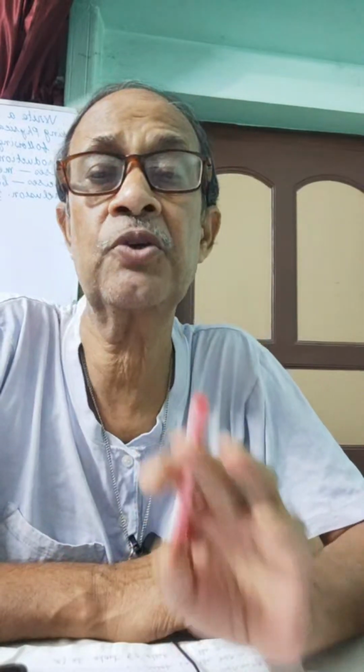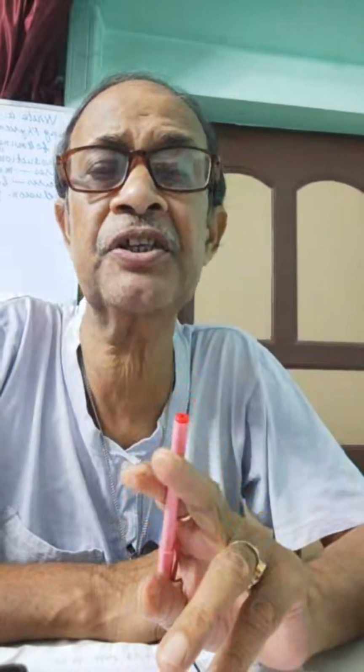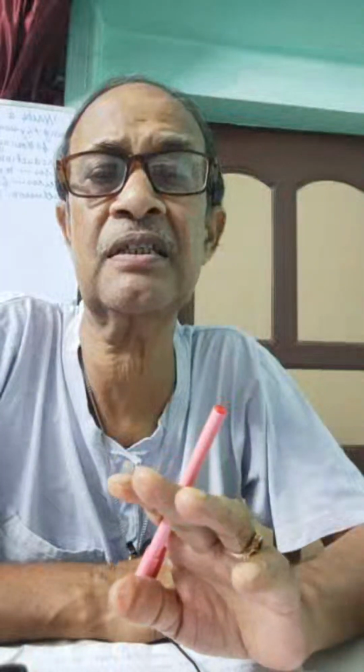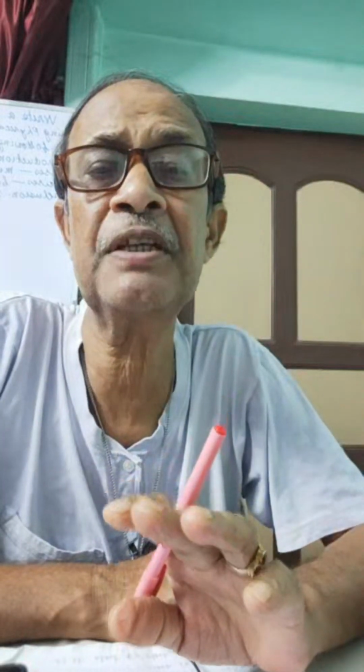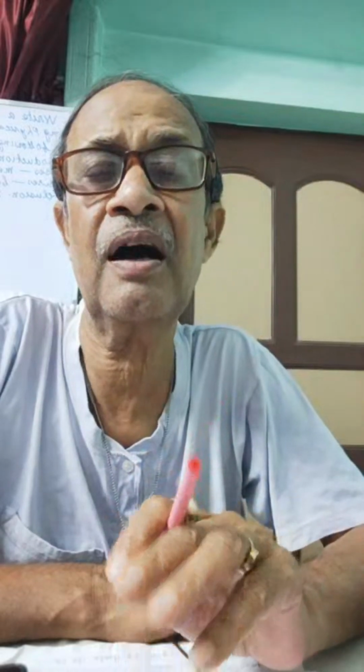However, today's topic of discussion is compound sentence. So then what is a compound sentence? It's very easy. When two independent clauses, that is two principal clauses, are connected by and, but, or, etc., you are sure that it is an example of compound sentence.